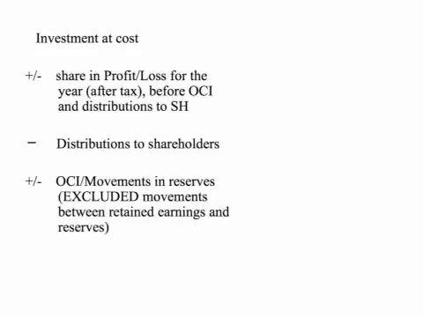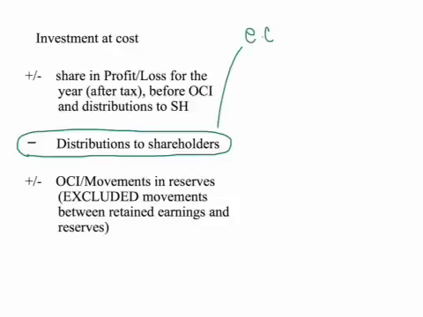The next typical adjustment that has to be made to the value of the investment in associate in the investor's accounts is an adjustment relating to distributions to shareholders, and that would, for example, be dividends. The net effect of this adjustment is that no dividend revenue is recognized in the investor's accounts resulting from his investment in the associate.